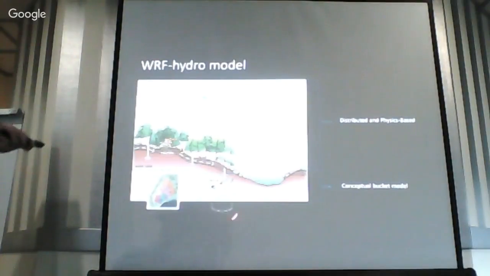And when the water goes out from this underground conceptual bucket to the river channels, it's distributed evenly across the sub basins. Okay, so that's some of these basic processes in World Hydro.